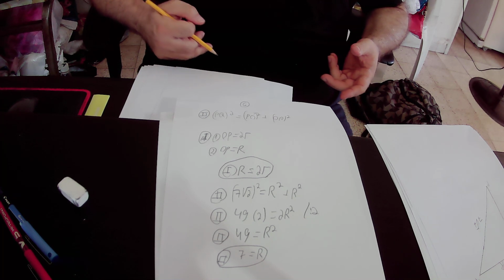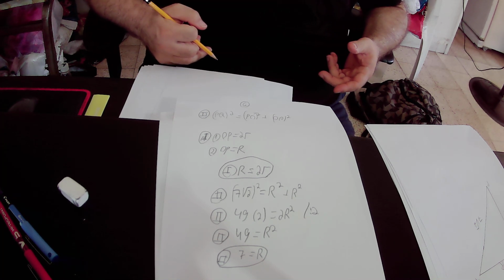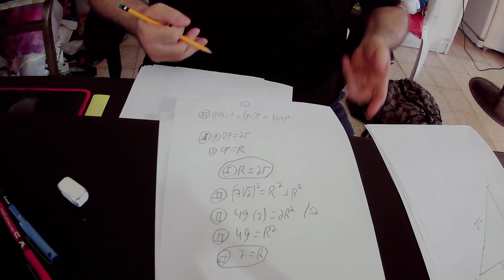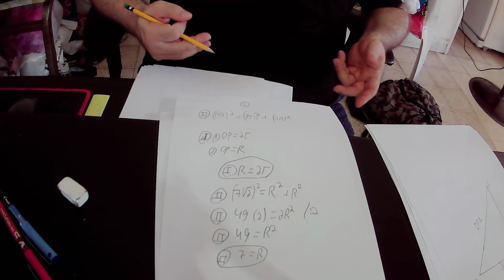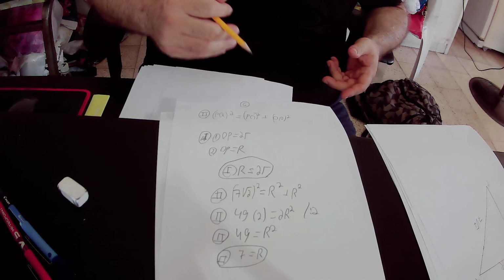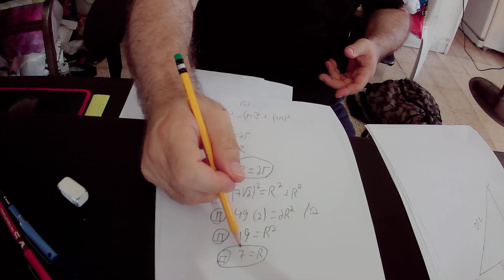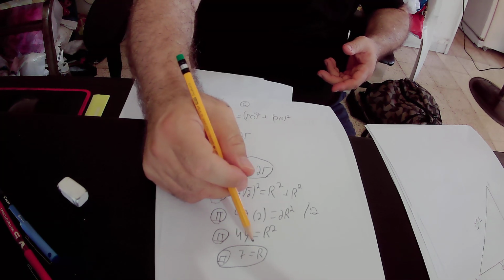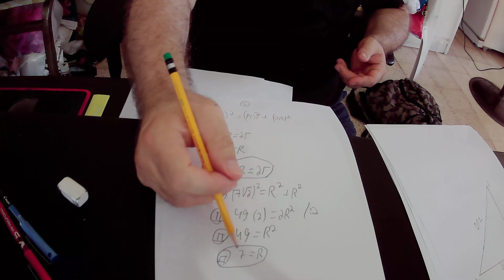So for that reason we will take into account only the positive root of 49, that is positive 7. So the radius of the semicircle equals 7 units.